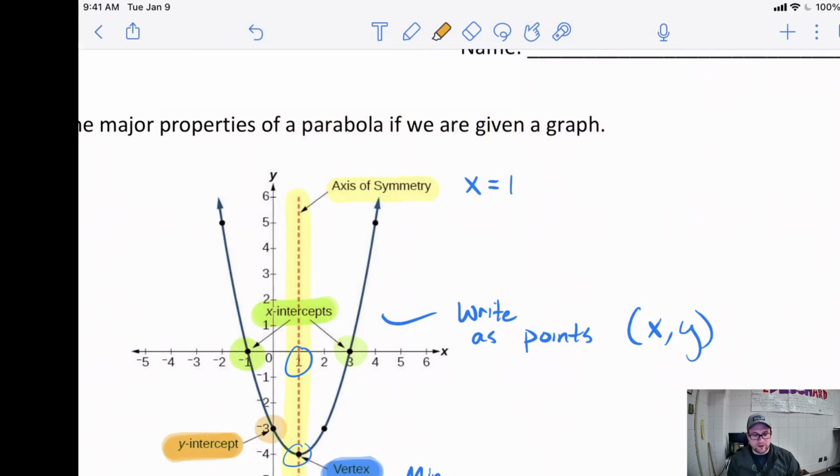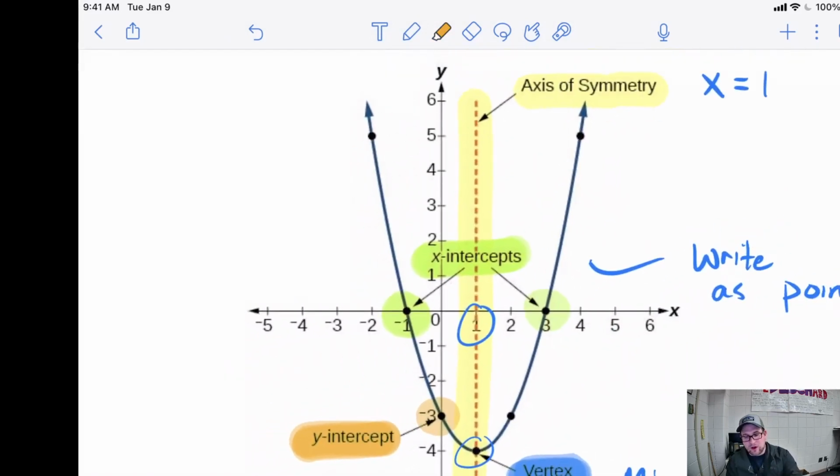So coming over here, the y-intercept is where our graph crosses the y-axis that we can see right there. Let me maybe do that in a different color. So it's where our graph crosses the y-axis. So we can see that it crosses right there. And the y-intercept is also written as a point. So again, that's going to be x comma y.